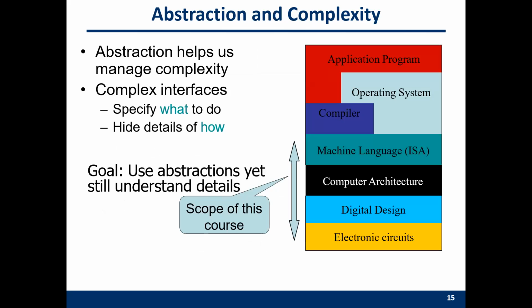So in this class, we will talk about some logic gates and then some circuits and then some architecture, including the instruction set. Then we have the assembly language. On top of that, you have the compiler, operating system, and some advanced applications.